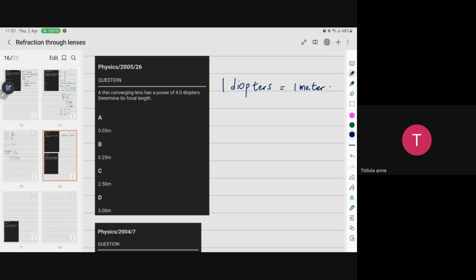So remember that power equals 1 over F. And they have given you a conversion factor already: one diopter is equal to 1 meter. So it's not a problem, unless they give us stats in centimeter. If the answer is in centimeter, we'll first get meter and then convert to centimeter.